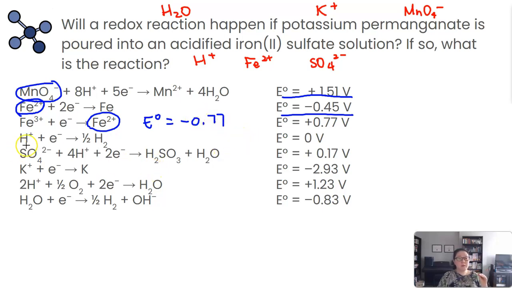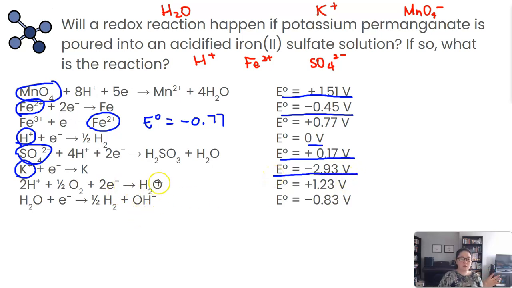Now it's acidified, so we are going to be looking at our H+, which means we have that 0 volt one, regardless of whether this is being oxidized or reduced. We have our sulfate on our left, so we are looking at this value as it is. With our potassium, it's on our left, so we're looking at this value as is as well.